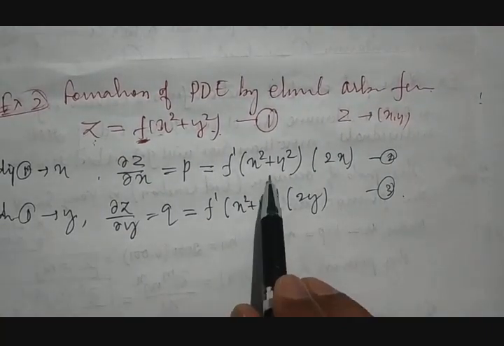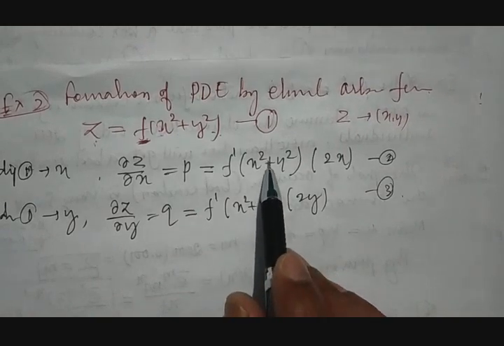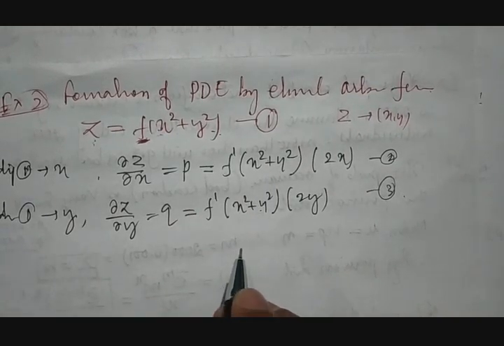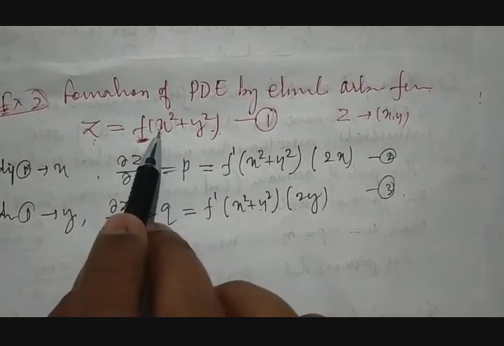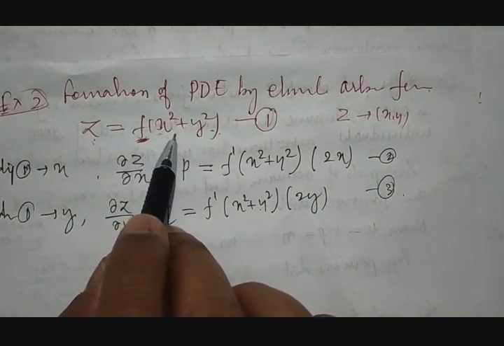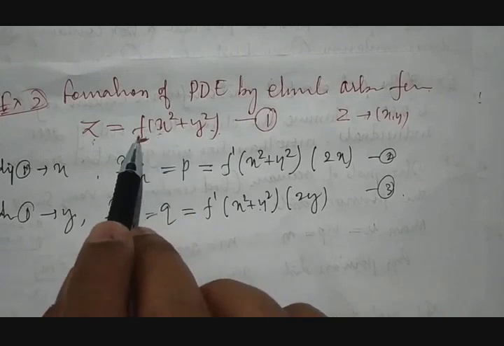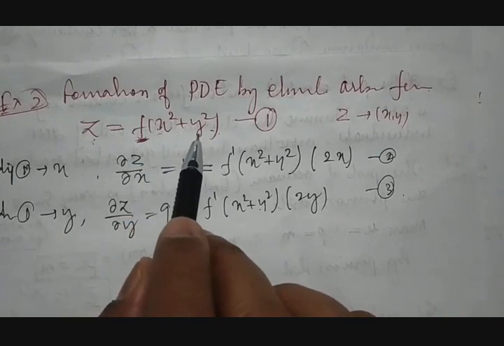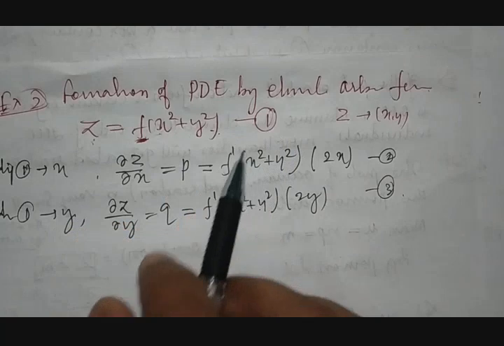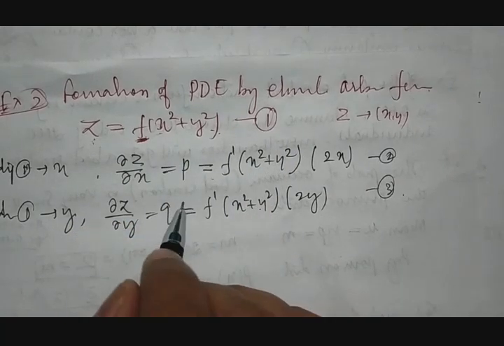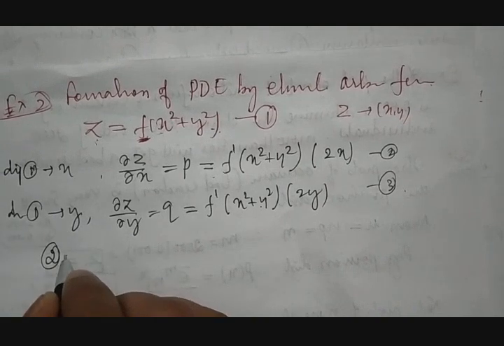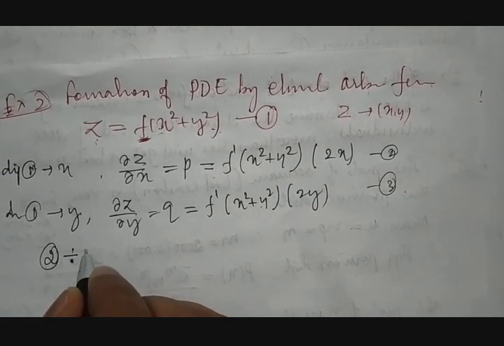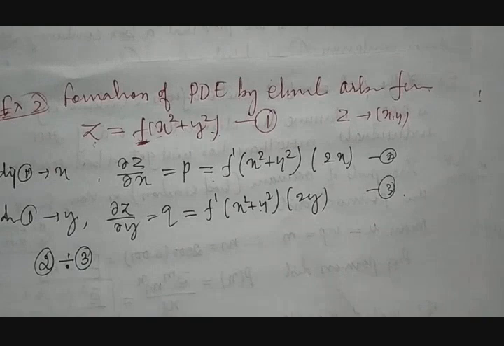But our intention is to eliminate the arbitrary function. For that, if it were possible to substitute p and q like in the previous example, we could. But here it is not possible, because in the previous example we had the same brackets to substitute. So let us take equation number 2 divided by equation number 3.